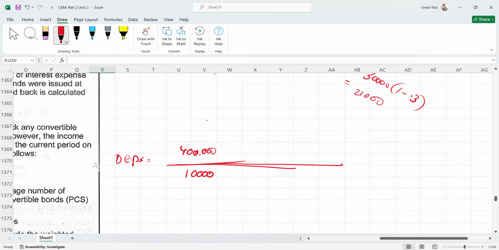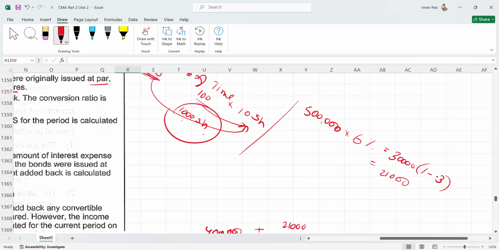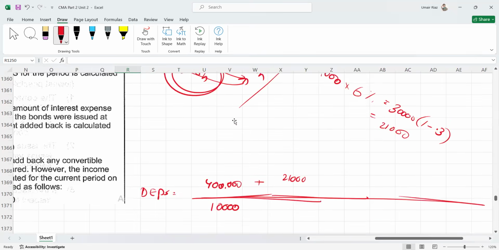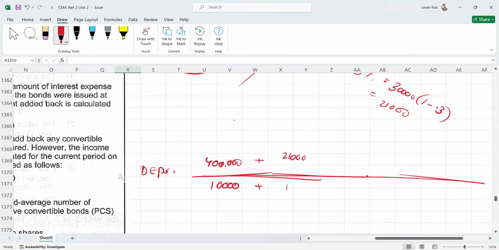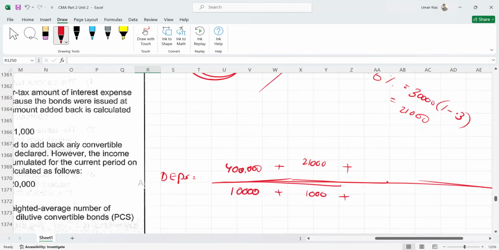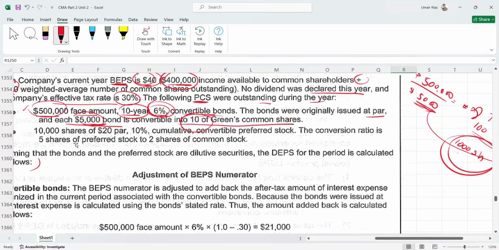Now see, plus interest saved, how much? 21,000 against bonds, and number of shares against bonds, how much? 1,000 shares, right? So plus 1,000 shares. Then we have to adjust for convertible preferred stock, because the next line is for convertible preferred stock.